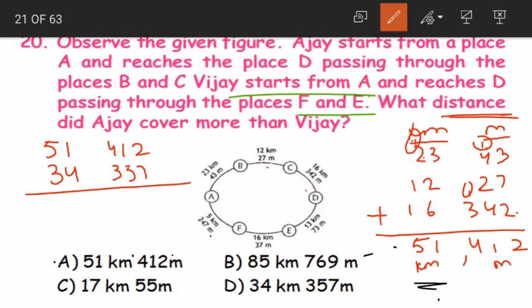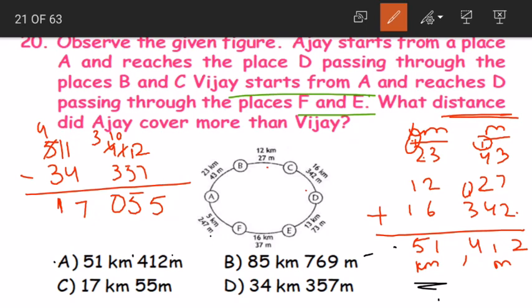When we subtract, 2 minus 7 is not possible, borrowing, 12 minus 7 is 5, again 0 minus 5 not possible, 10 minus 5, 5, 3 minus 3, 0, then 1 minus 4 not possible, 11 minus 4, 7, 4 minus 3, 1.